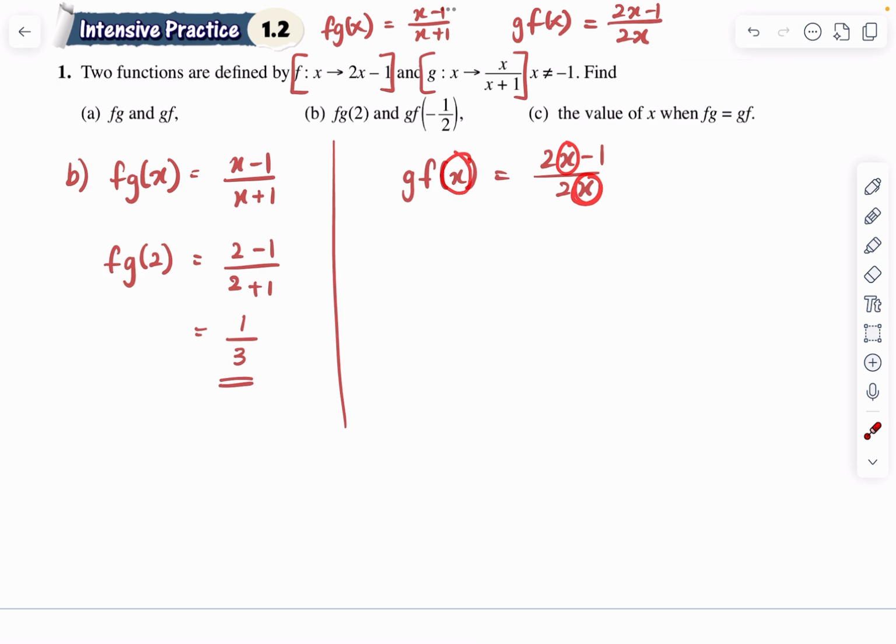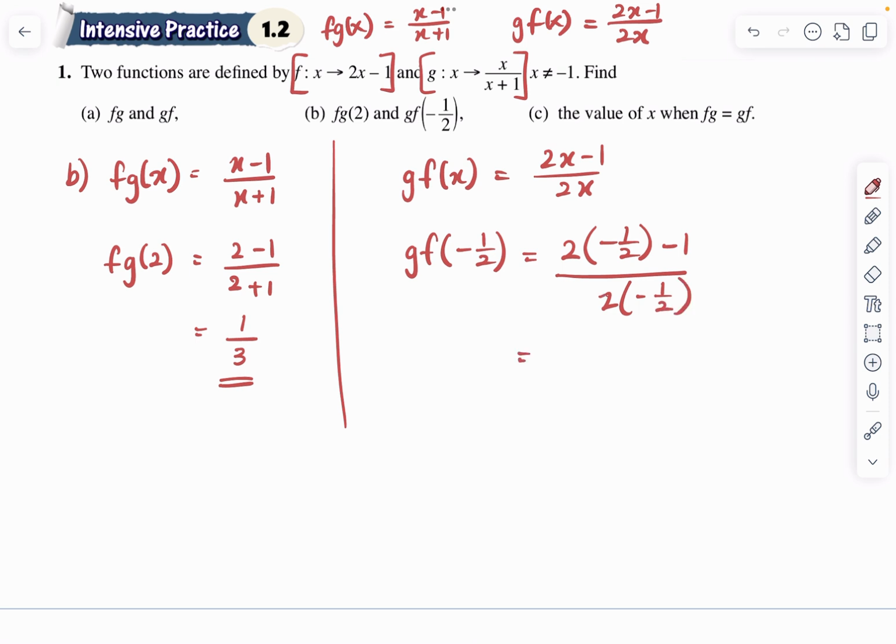So all these x values you must sub with negative 1 over 2. Alright, 2 and 2 can cancel off. So on top here you will get negative 1 minus 1, which is negative 2. Down here you can cancel off, you get negative 1. So the answer is 2.